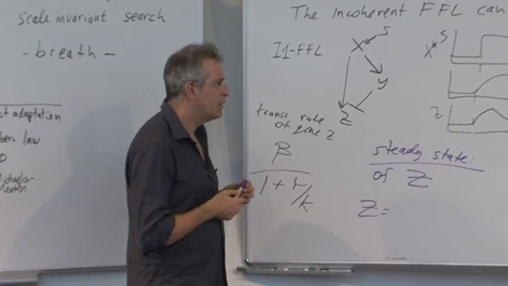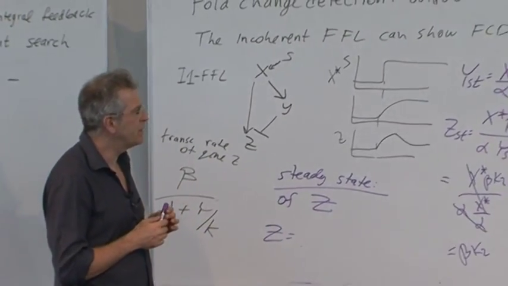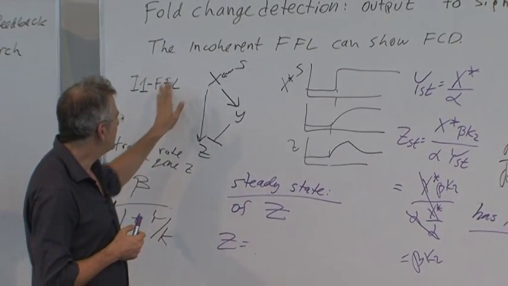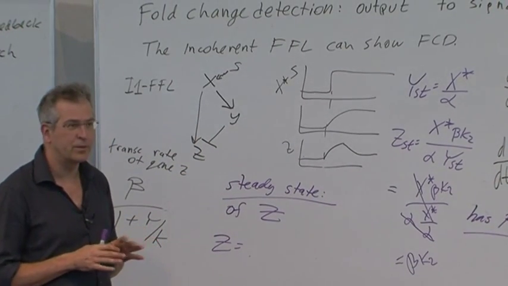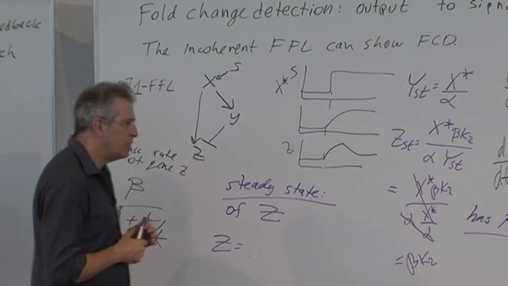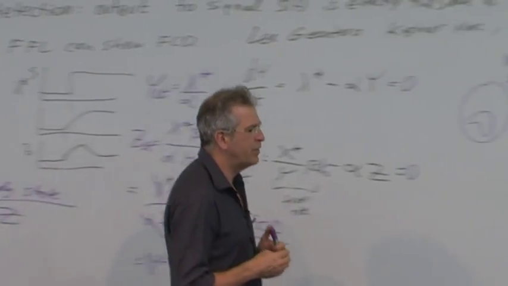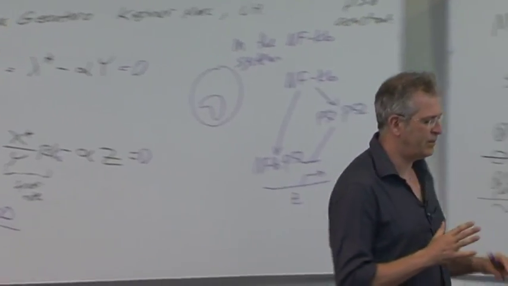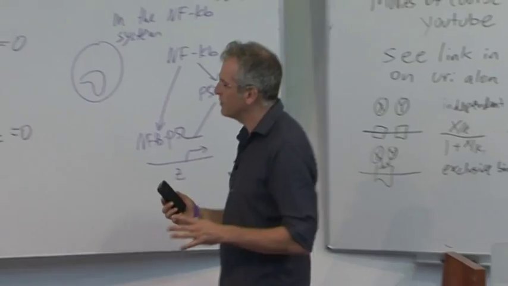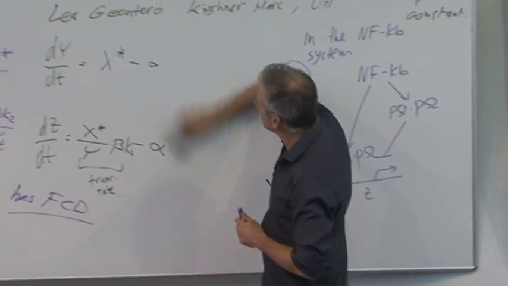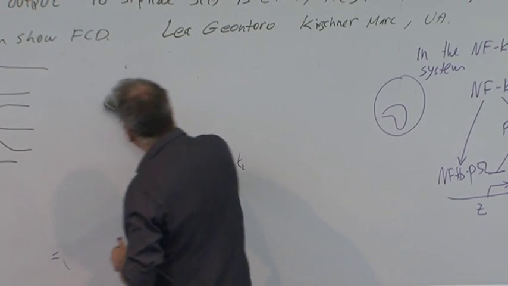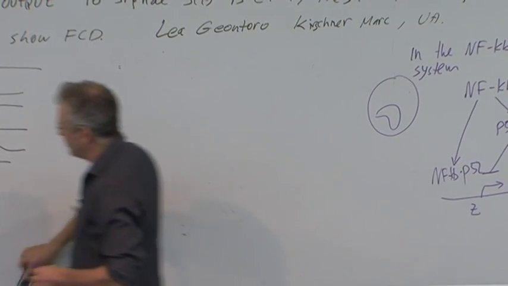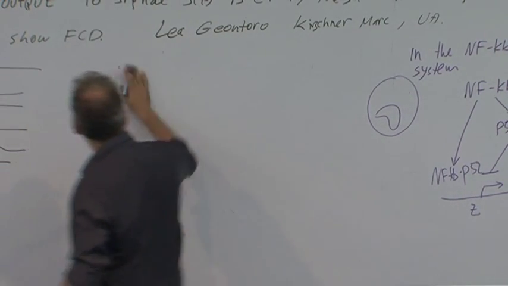And I maybe just mentioned in the end that you can ask, is this the only kind of circuit that has fold change detection, or are there other possibilities? And you can prove a theorem that gives sufficient conditions, sometimes necessary and sufficient conditions, for fold change detection. And you can find basically another class of circuits that have to do with integral feedback loops.